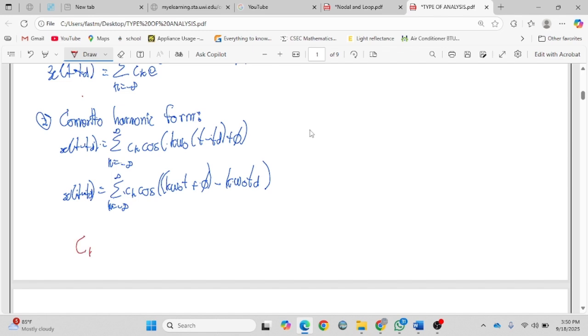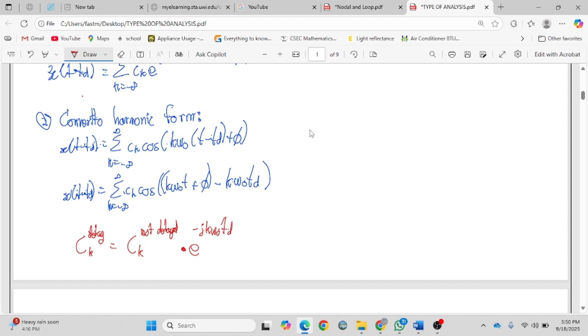So we want ck delayed, and that is equal to the Fourier coefficient not delayed and then multiplying that by e to the minus j k omega naught td.